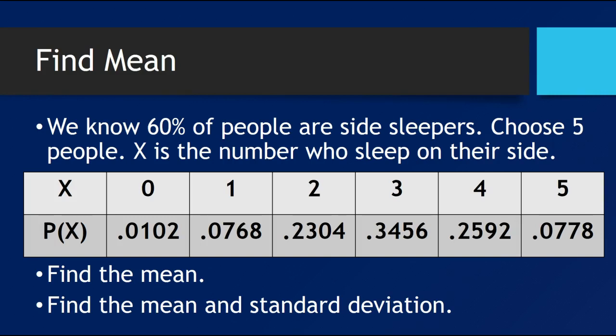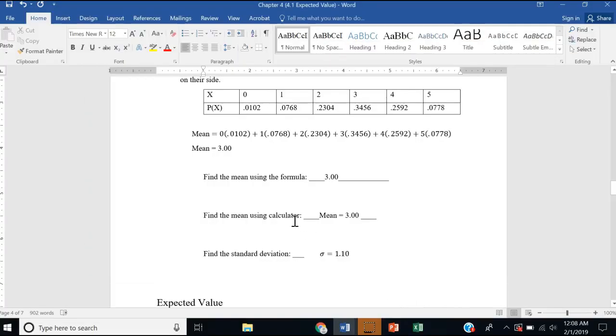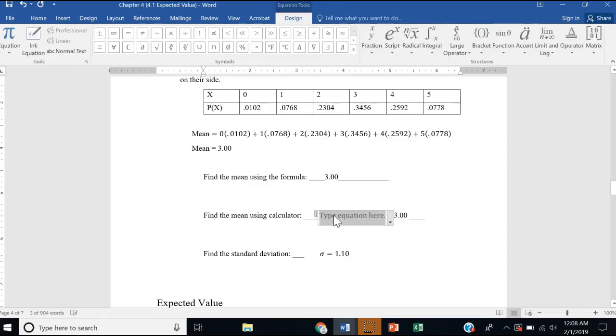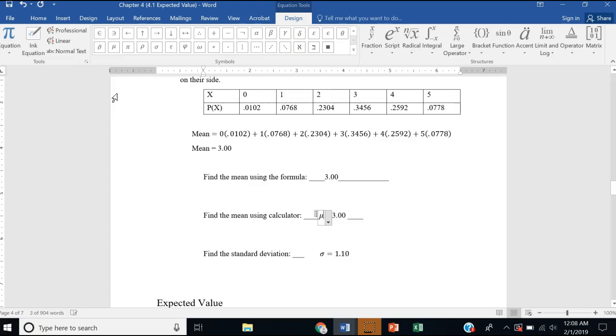So because we don't have a sample size, we don't have a sample standard deviation, okay? And that also means that when I'm displaying the mean, instead of using just the word mean, what I could have done each time is find the actual symbol for mean in Microsoft Word.